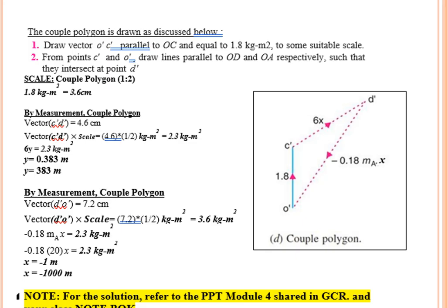Measure the corresponding distance. Vector C dash D dash is 4.6 centimeters. Convert it into the required scale, then Y will be 0.383 meter. And X, if you measure minus 0.186 of MA into X, you will get 3.6 kg per meter square. So X you will get as minus 1 meter. So like this you will get the solution.